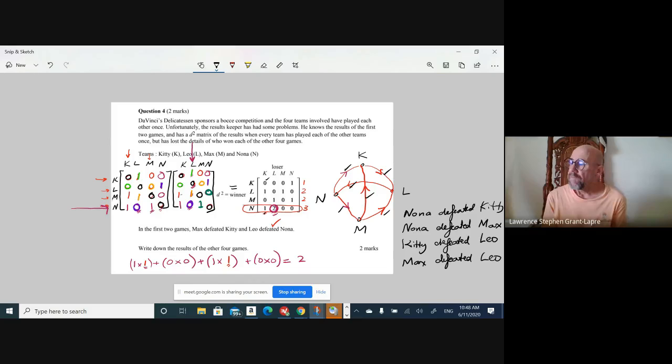So I hope you followed the logic. It is very much a logic question. You really need to know how these matrices multiply together. We know the rows tell us the overall winner, and so we leveraged on the fact that we knew that Nona would have had to win the other 2 games if Nona had already lost to Leo.